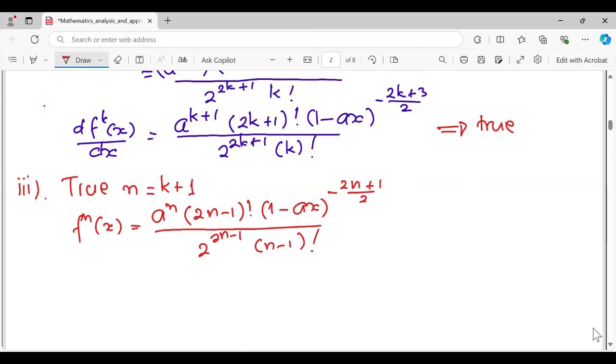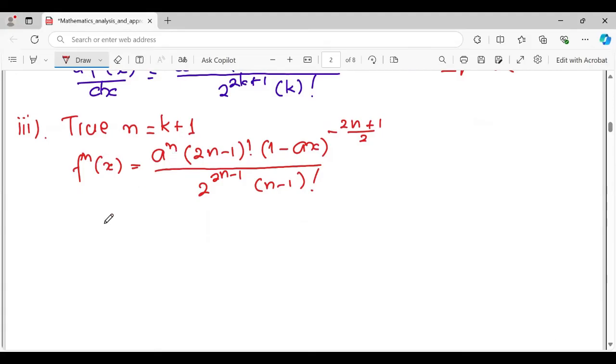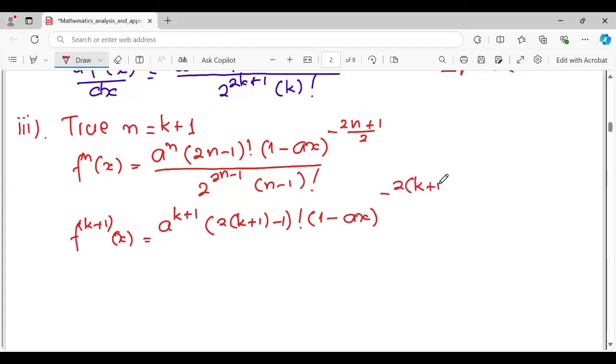If n equals k plus 1, it means f k plus 1 x is a power k plus 1 times 2k plus 1 minus 1 factorials times 1 minus ax power minus 2k plus 1 plus 1 over 2, over 2 power 2k plus 1 minus 1 times k plus 1 minus 1 factorials.